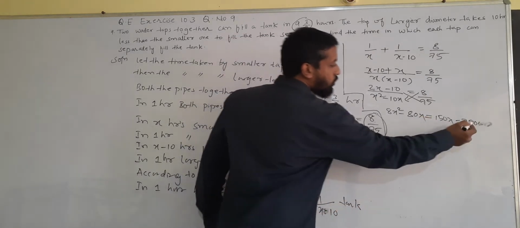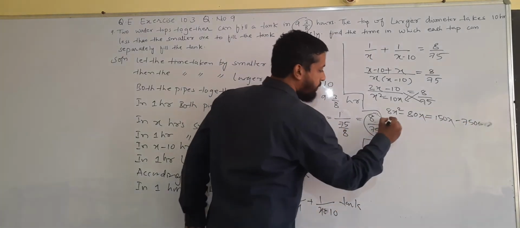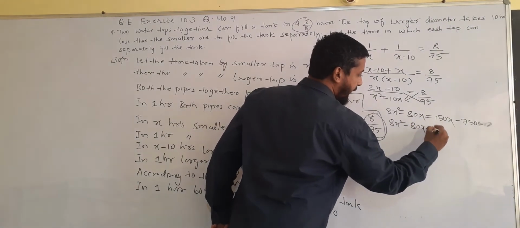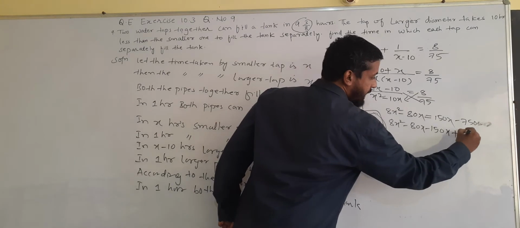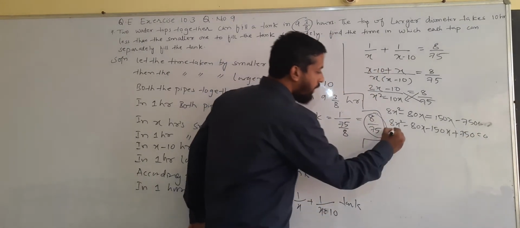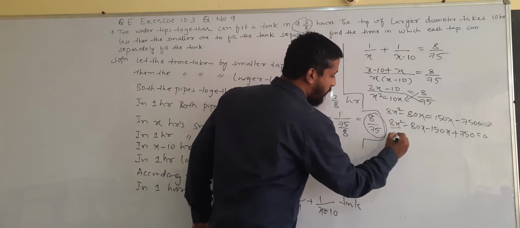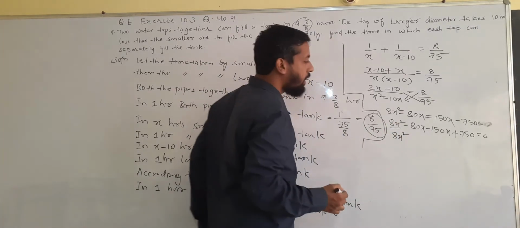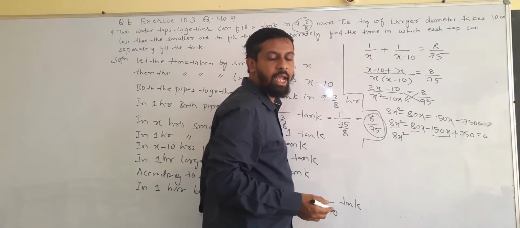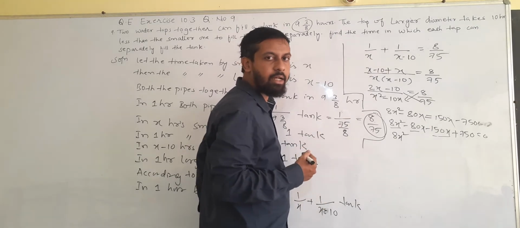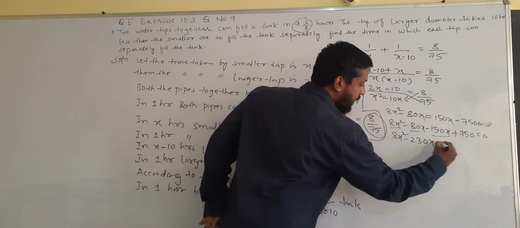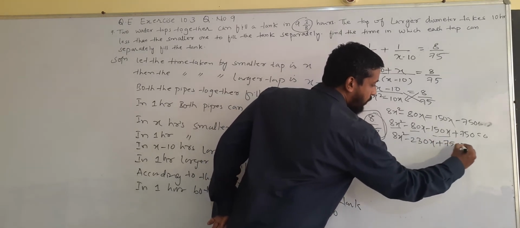Now transfer these two values to the left hand side. 8x square minus 80x minus 150x plus 750 is equal to 0. We have only one term of x square, so it will be as it is. We have two terms of x, which can be added because the signs are same. When you add, it will be minus 230x plus 750 is equal to 0.